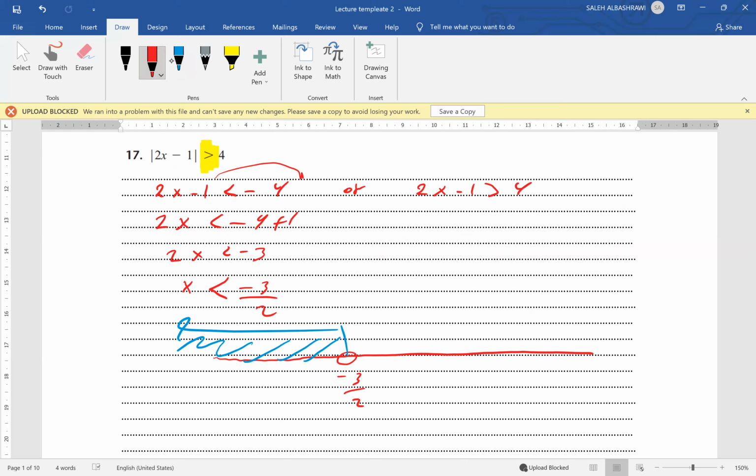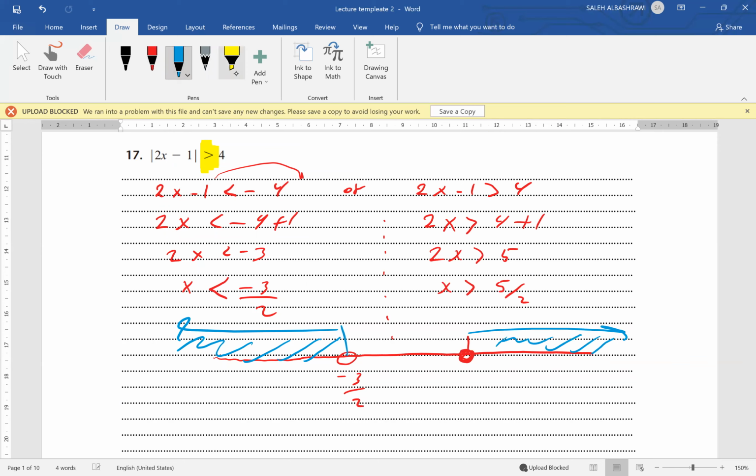Now for the second inequality, I will have 2x greater than 4 plus 1, then 2x greater than 5, and x will be greater than 5 over 2. So I have 5 over 2 to the right, and greater than means going to the right.